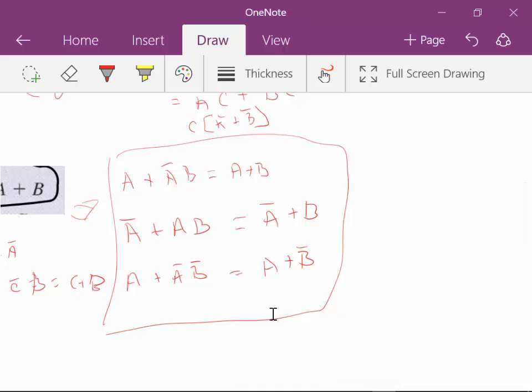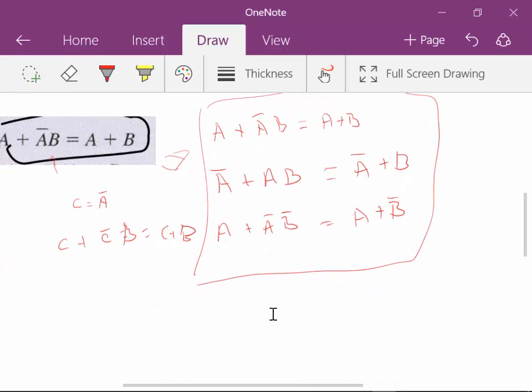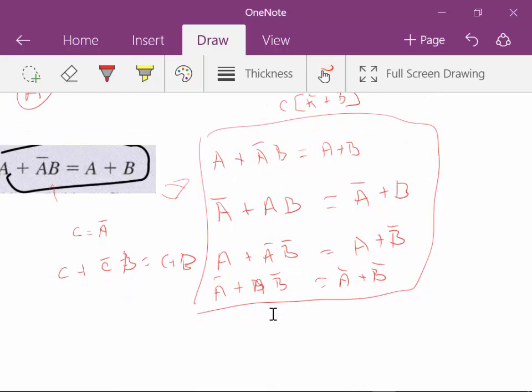Because I also did mention the other one is going to be A not plus A B not. When you look at that one, that's equal to A not plus B not. So you've got 4 versions of that rule. That rule expands, and you can derive each one of those 4 versions by using replacements.